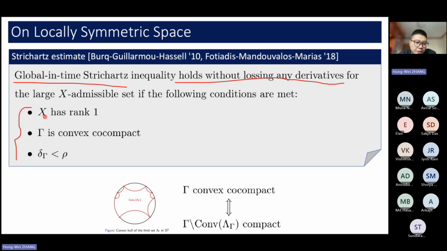The first is that the corresponding symmetric space should be of rank 1. Then the discrete subgroup should be convex co-compact. Convex co-compact means that the discrete subgroup acts cocompactly on the convex hull of the limit set.